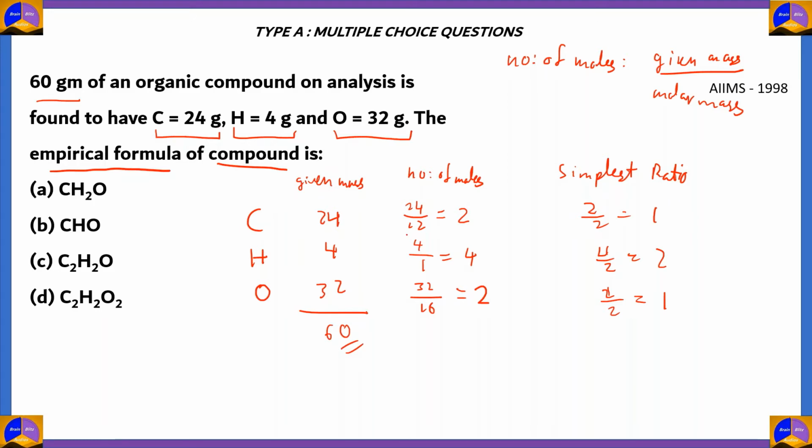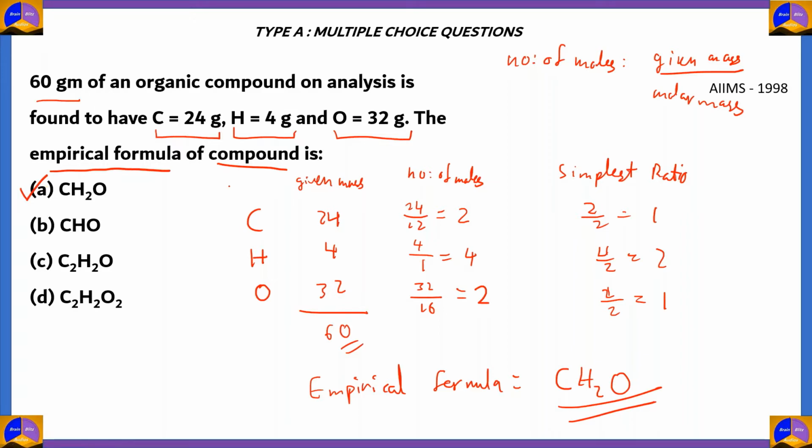So the empirical formula will be equal to 1 carbon, C, 2 hydrogen, H2, 1 oxygen, O. So the empirical formula is CH2O, which is option A. So option A is the right answer.